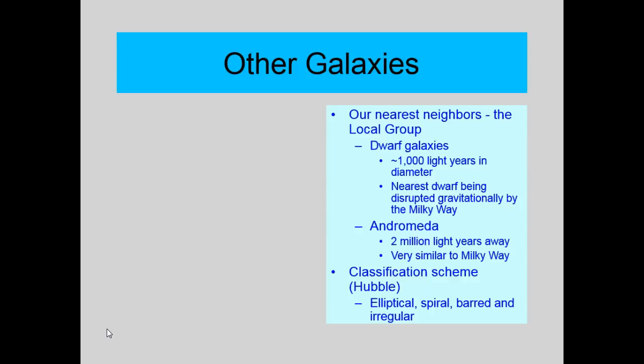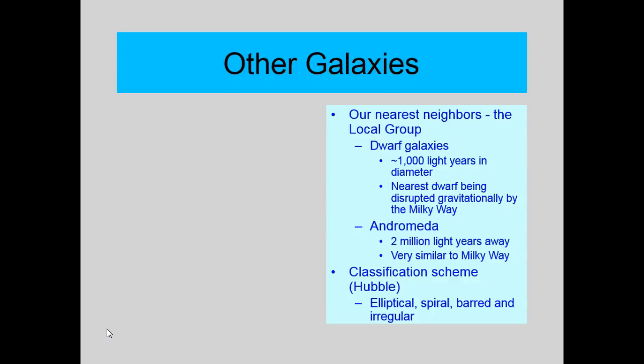Okay, so let's talk about those other galaxies. Our very nearest neighbor, now we're talking from the Milky Way, not the sun or us at all. The nearest neighbor to the Milky Way is called the local group. This local group is made up of a few dwarf, really small galaxies, galactic clusters type thing. These are no more than 1,000 light years in diameter. We're 100,000 light years in diameter.